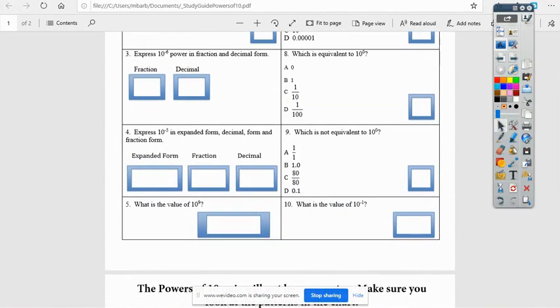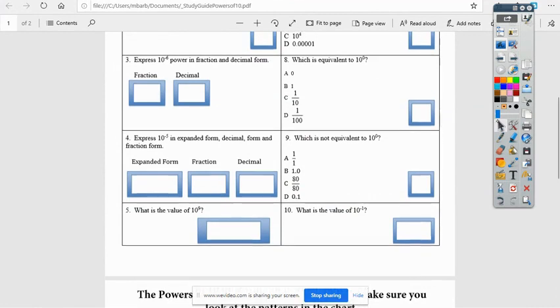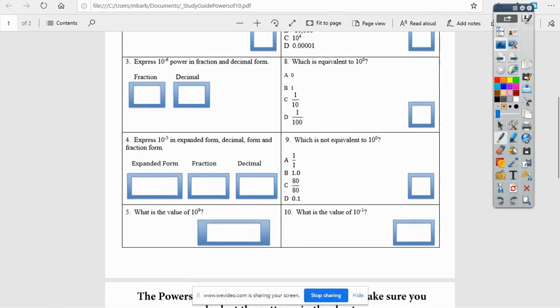Express 10 to the negative 6 in fraction and decimal form. As a fraction, you would know it's 1 over 1, 2, 3, 4, 5, 6 zeros, because it's telling you 6. If I moved it over 3 and 3 more, it would be 1 million.